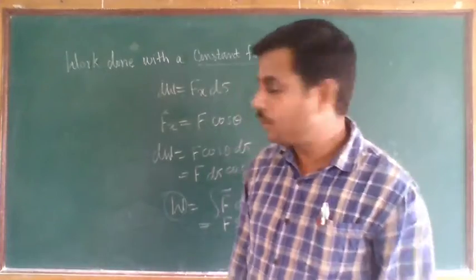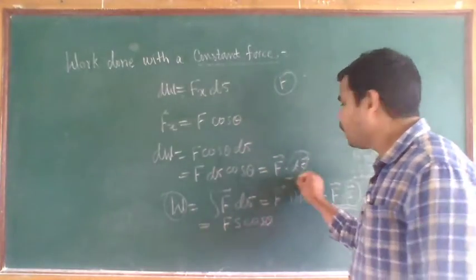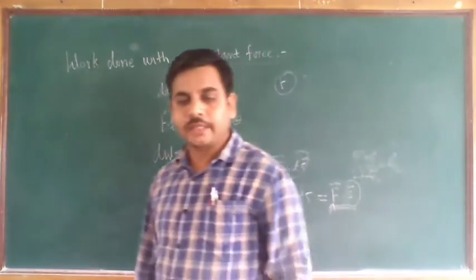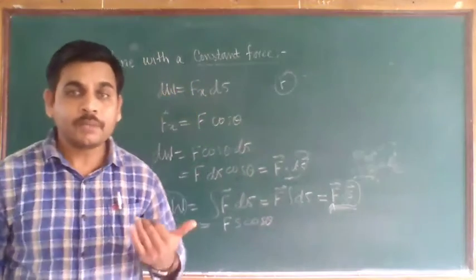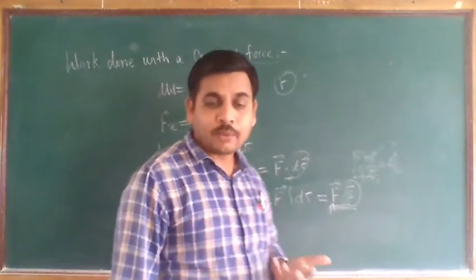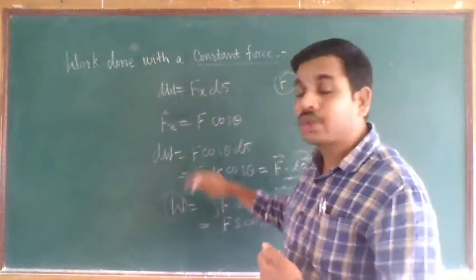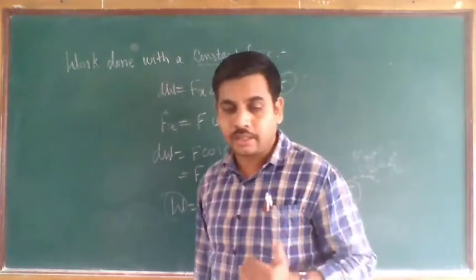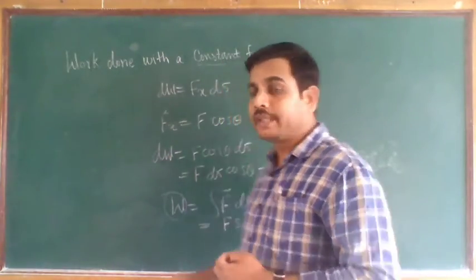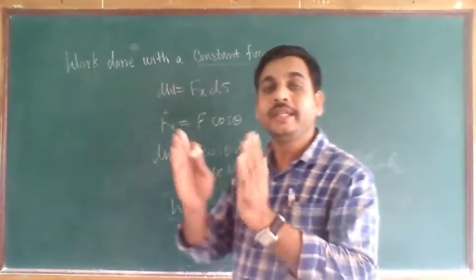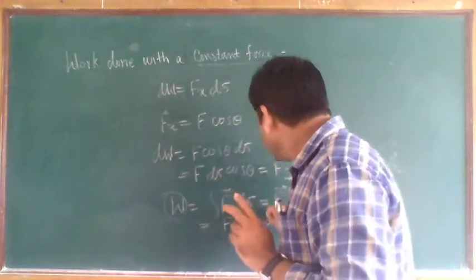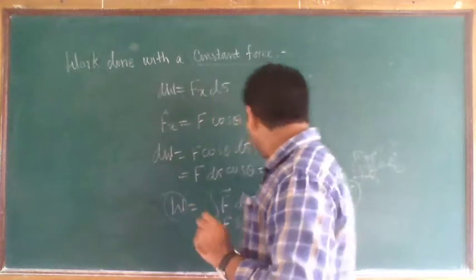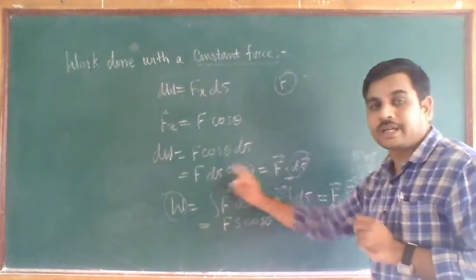Now, from all these equations, it is clear that the work done by that constant force depends only on the endpoints. From all these equations, you get the work done by the dot product.